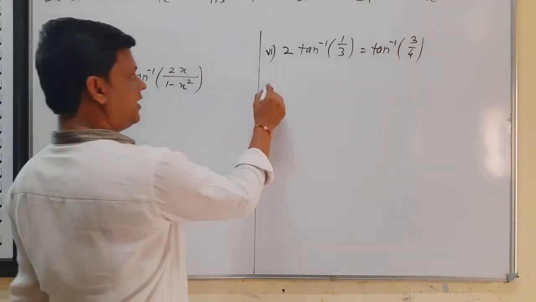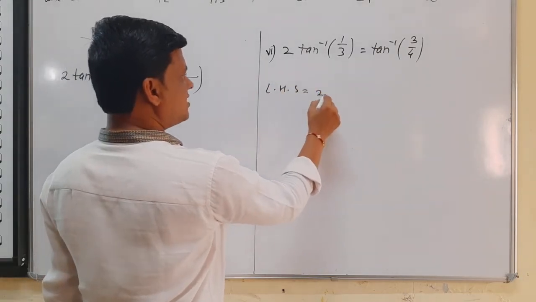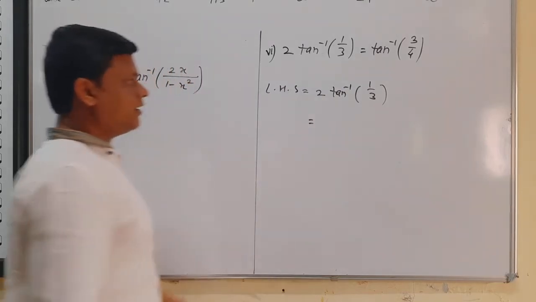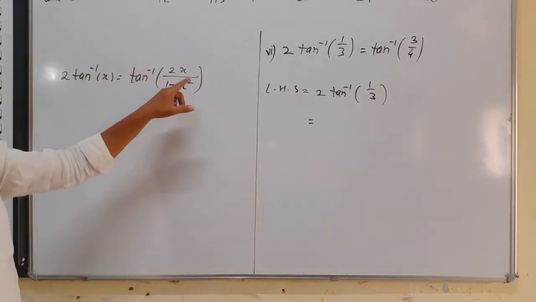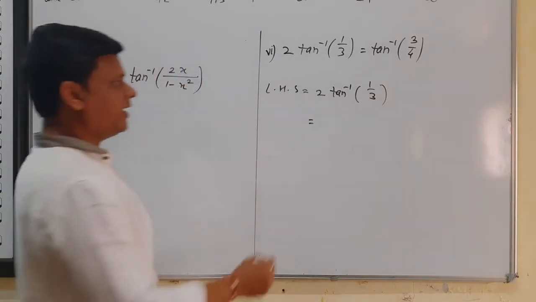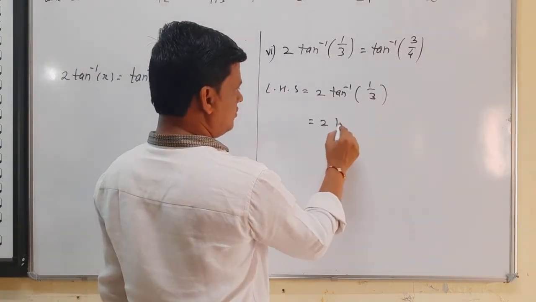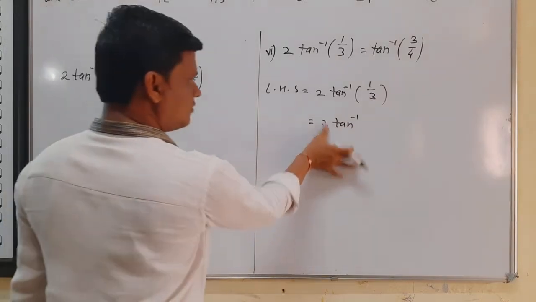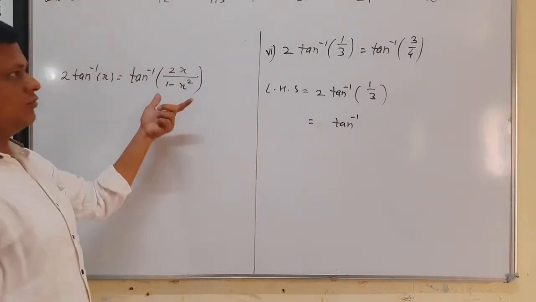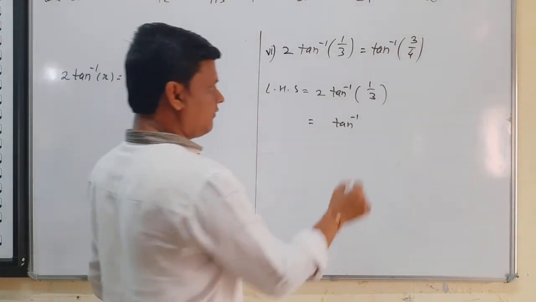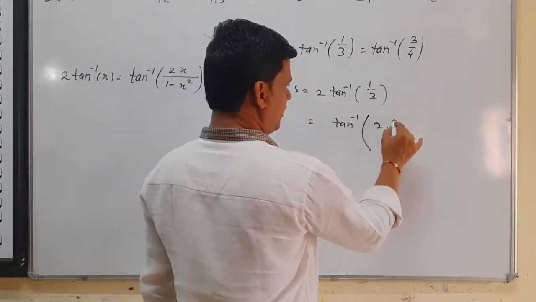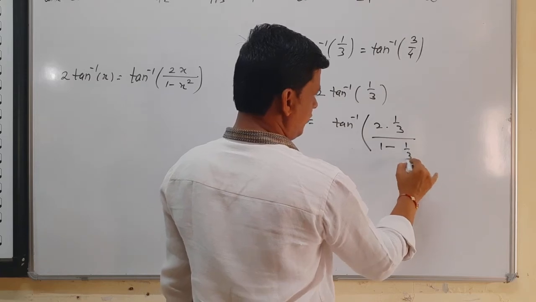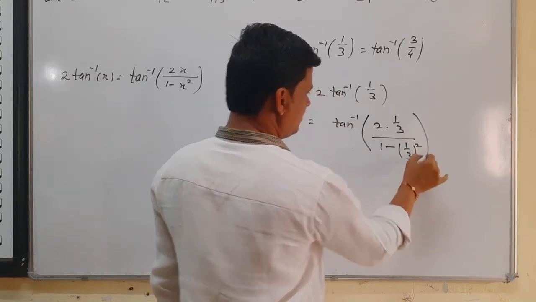So we consider here LHS. LHS is equal to 2 tan inverse of 1 by 3. By using this property, in place of x we replace 1 by 3, that is equal to tan inverse of 2x upon 1 minus x square, that is 2 into 1 by 3 upon 1 minus 1 by 3 its square.